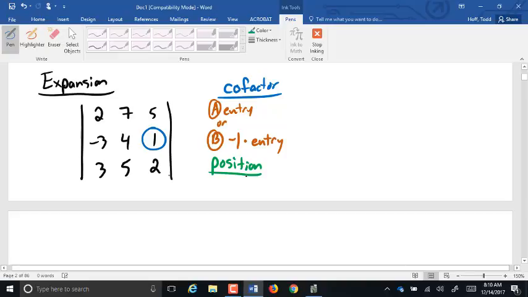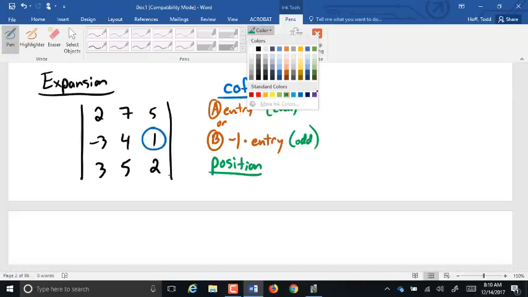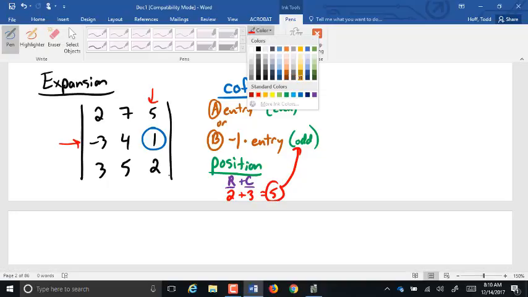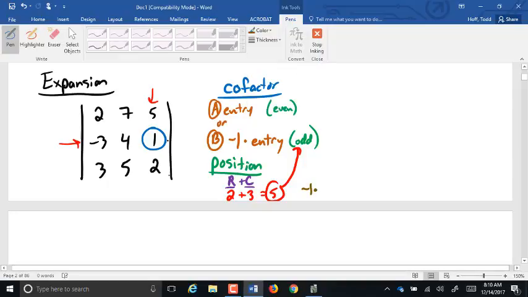If it's in an even position, the cofactor is just the entry. If it's in an odd position, the cofactor is negative 1 times the entry. What do I mean by position? What row is that in? Row 2. What column? 3. What is 2 plus 3? 5. That is odd. So the cofactor here is negative 1 times the entry, which is 1. So negative 1 is its cofactor.